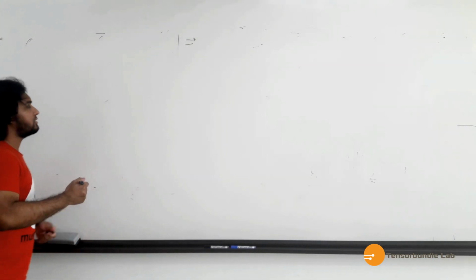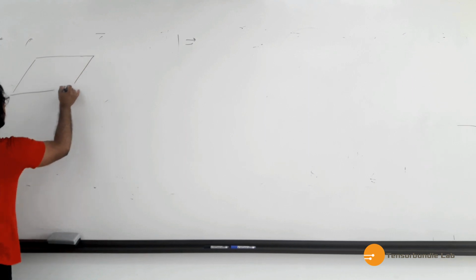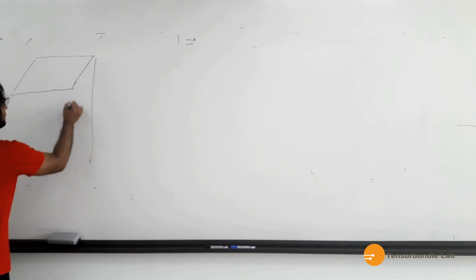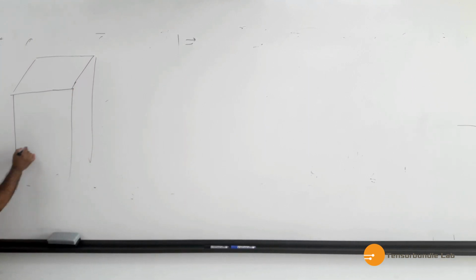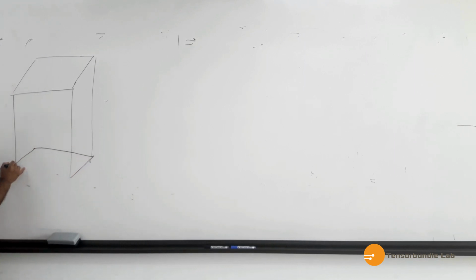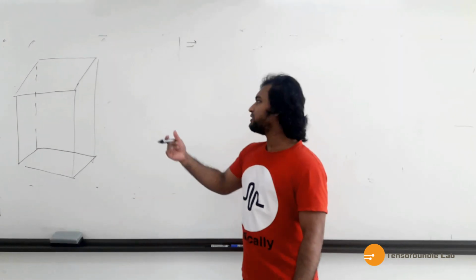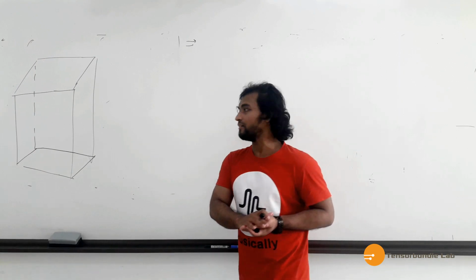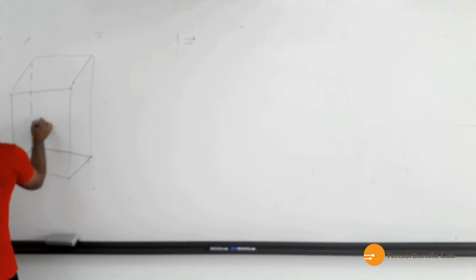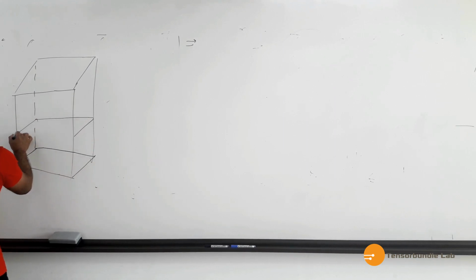Okay, so let's imagine we have a rectangular waveguide, and inside the waveguide we place our unit cell.